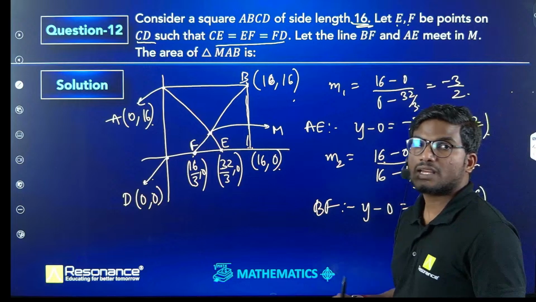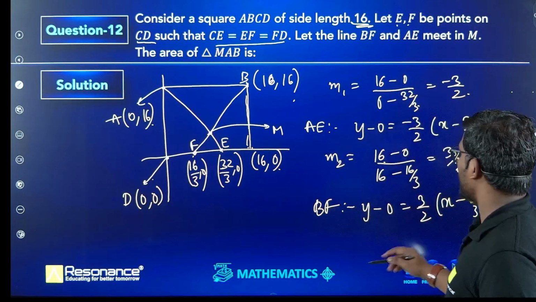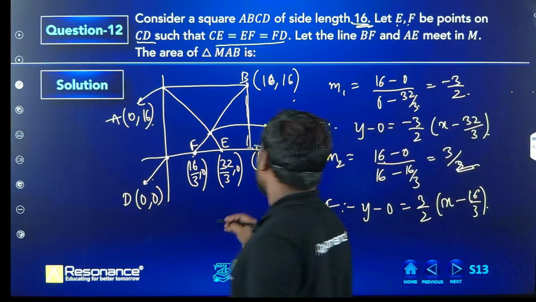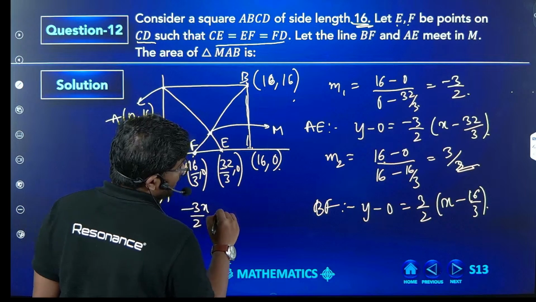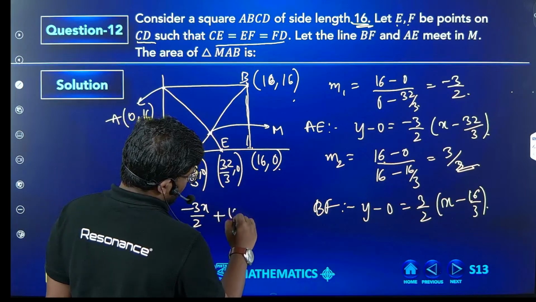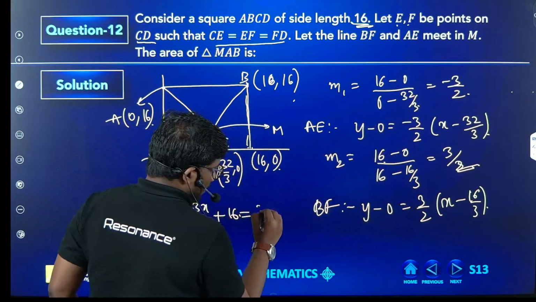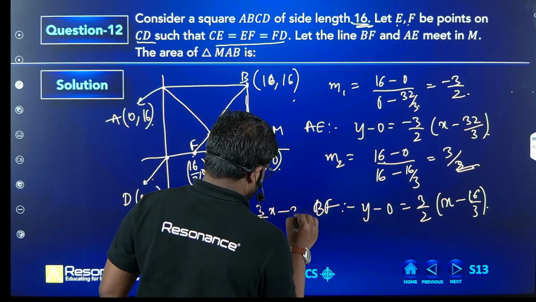True? Now AE and BF intersect in a point, so y should be equal, which says minus 3 by 2 into x plus 16 is equal to 3 by 2 into x minus 8.